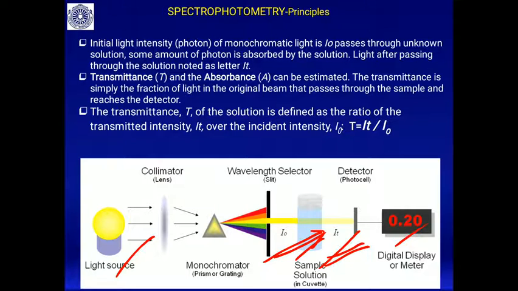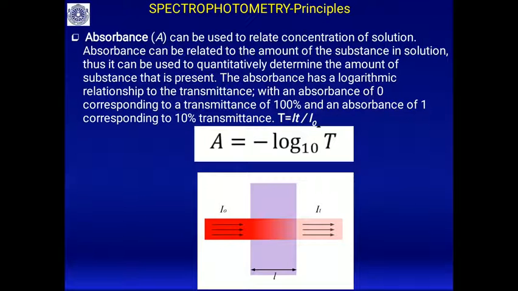The absorbance can be used to relate to the concentration of the solution, the amount of the substance in the solution. So you can see the incident light, some amount absorbed, then the transmitted light.